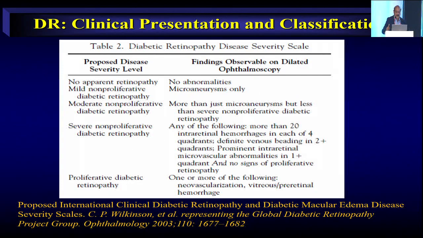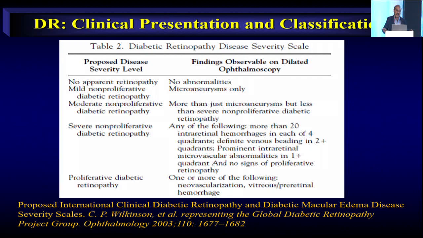But what is more important is the diabetic retinopathy severity scale, which is an international classification, but ETDRS defined it a little bit differently. If there is no apparent diabetic retinopathy, it means there are no abnormalities.